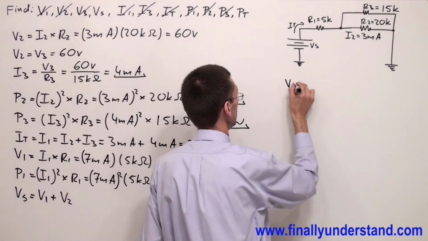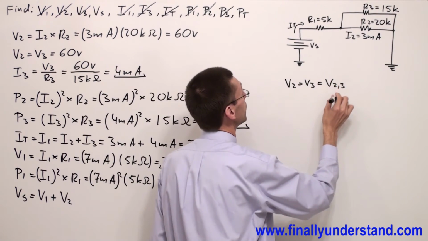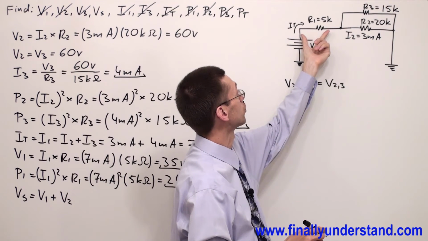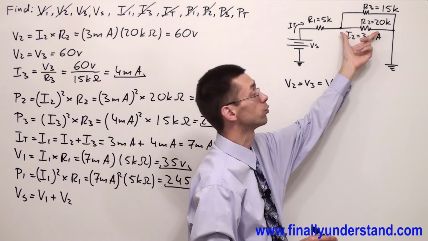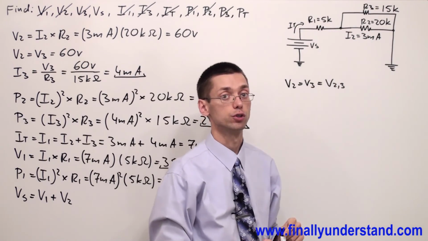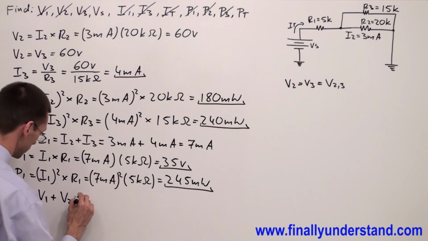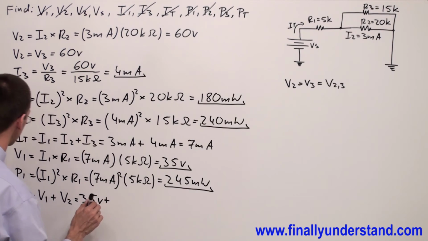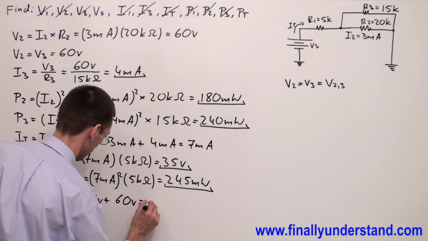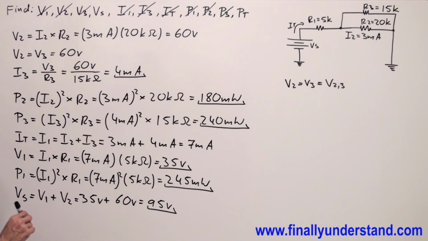Please notice that voltage V2 is equal to V3, or we can also call this V23. This is KVL. I mean the voltage drop across resistor R1 plus the voltage drop across these two resistors. As I said before, the voltage across these two resistors is the same, and together they will give me the voltage source. So this is equal to V1, 35 volts, plus V2, 60 volts. This is equal to 95 volts. This is my voltage source.